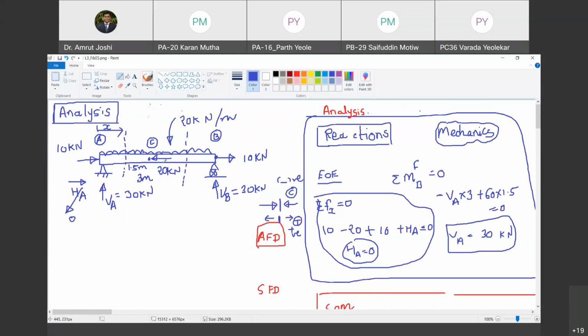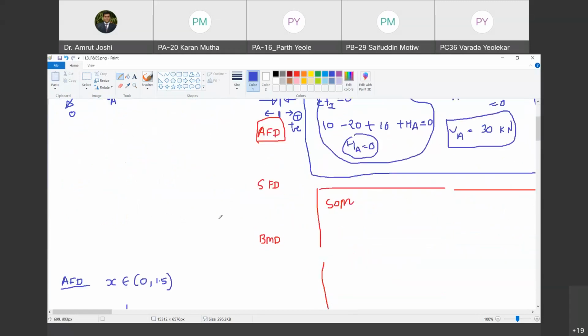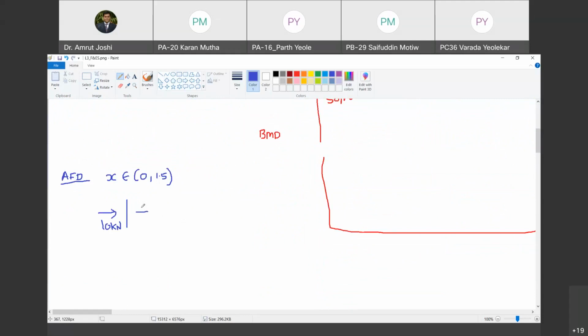On the right hand side, we have this 20 kilonewton force and this 10 kilonewton force. 20 kilonewton is towards left, 10 kilonewtons is towards right. Algebraic sum is 20 minus 10, that is 10 kilonewton towards left. Do you agree with me? Yes, sir. So what kind of force is this? Is it axial compression or axial tension?